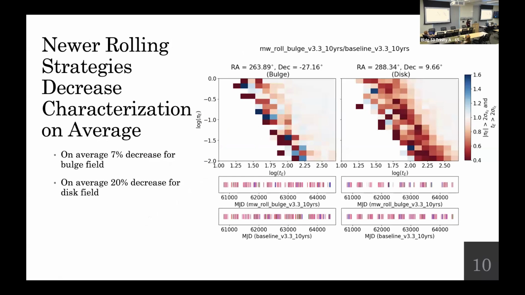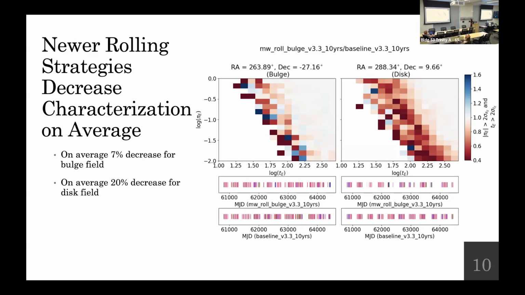We can also look at how rolling strategies are treated. The way to interpret these plots is that this is the microlensing parallax as a function of the Einstein crossing time. We took two strategies: the Milky Way roll bulge divided by the baseline 3.3. The redder it is, the better the baseline did.